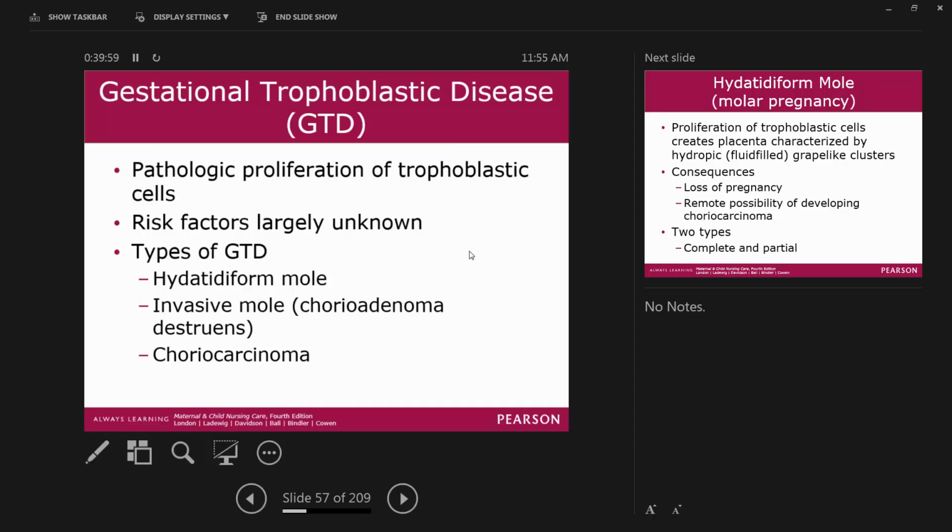All right, gestational trophoblastic disease. What happens is this egg and sperm tried to fertilize, and those trophoblastic cells just ended up dominating. We'll see what that looks like. There are three different types you can see there.